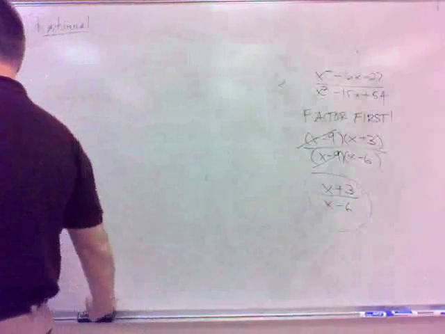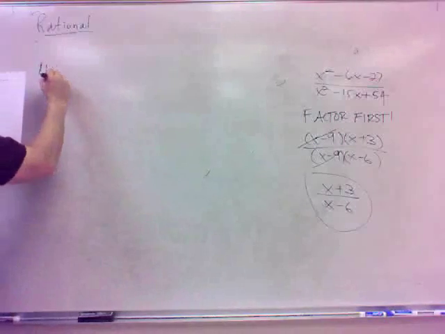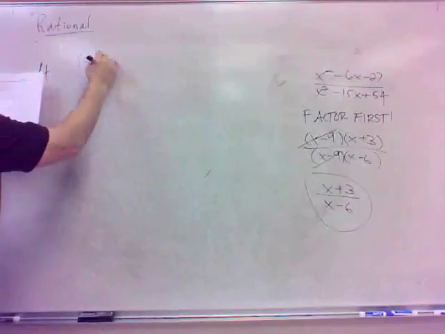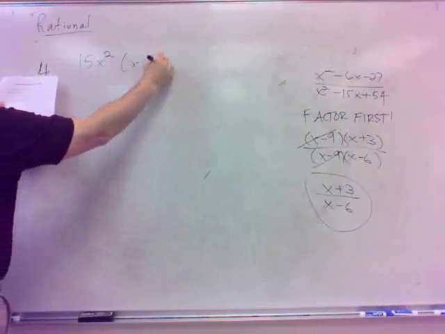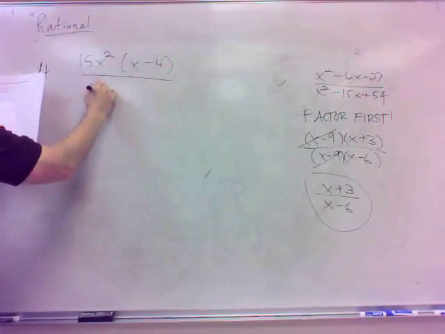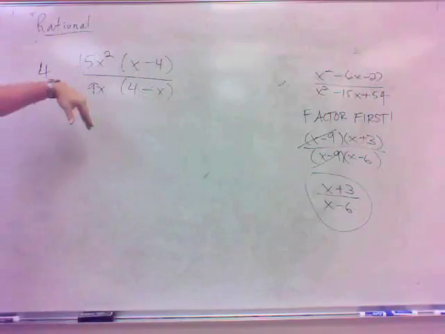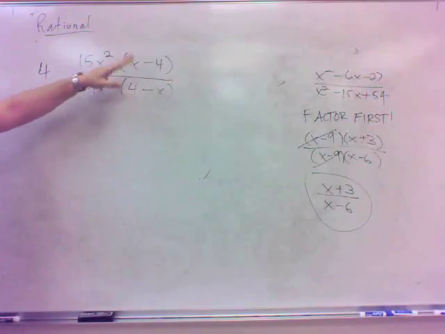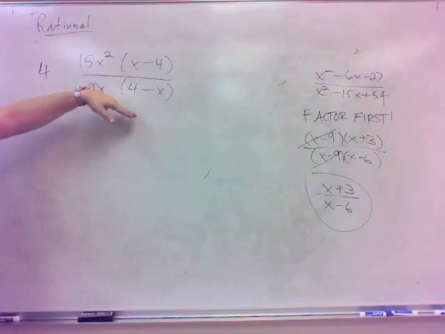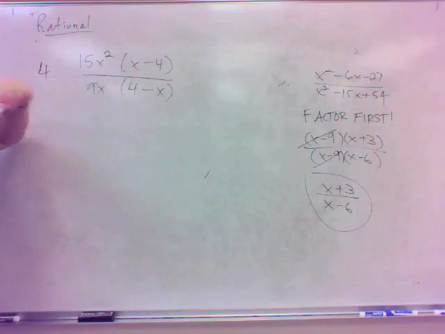Number 4, same sort of deal. 15x squared, x minus 4 over 9x, 4 minus x. Yeah, we'll work on this a little bit. Can't cancel them as they are. 4 minus x is not an exact match with x minus 4, but we'll work on that.